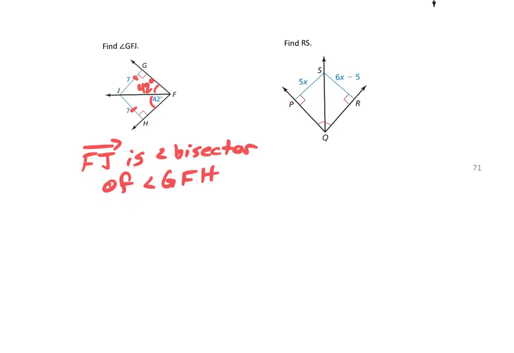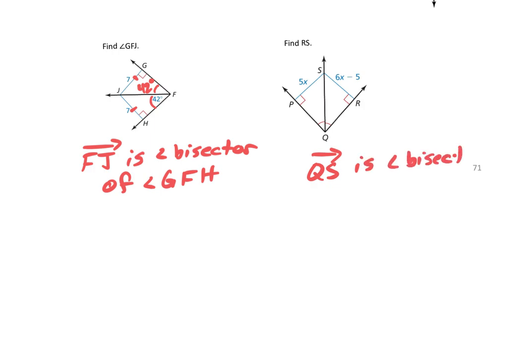Okay, this one here, they're giving us a little bit different information. What we are given here is these two are congruent. So what's that tell me about QS? If those two angles are congruent, it's the angle bisector, right? So we're going to say QS is the angle bisector.